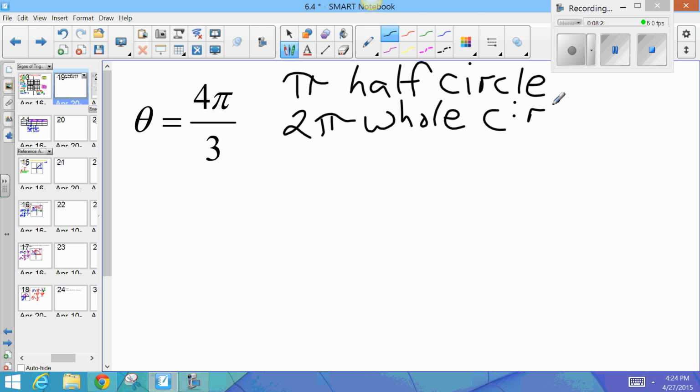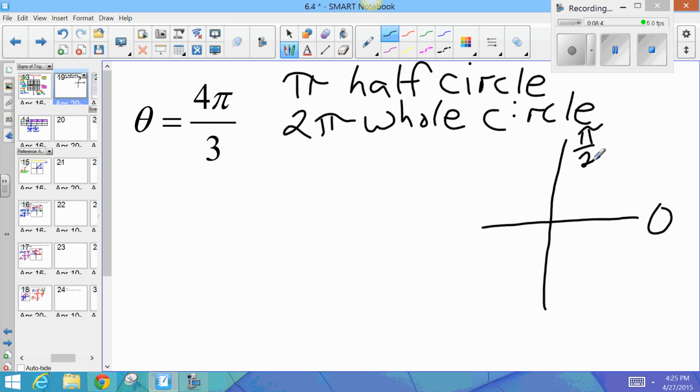Even more importantly, I really need for you to memorize or make it intuitive to yourself that we start with 0 and rotate counterclockwise; a quarter of a circle would be pi over 2, a half circle is pi, 3/4 of a circle is 3 pi over 2, which is the same as saying 1 1/2 pi, and then a full circle is 2 pi.